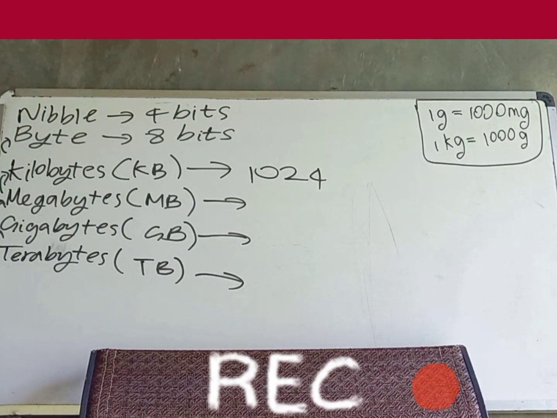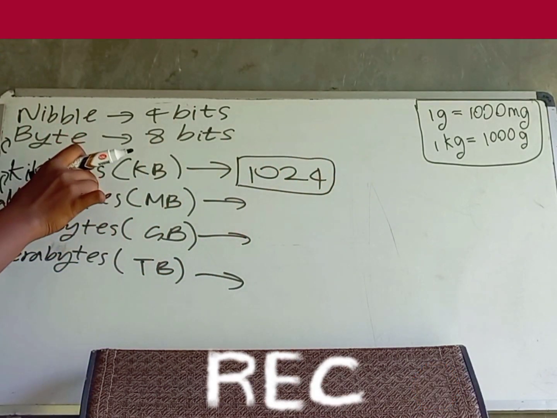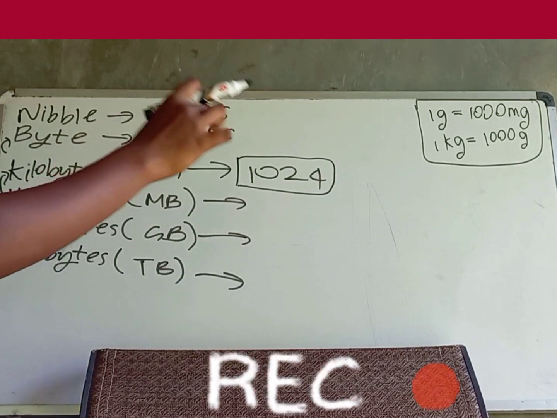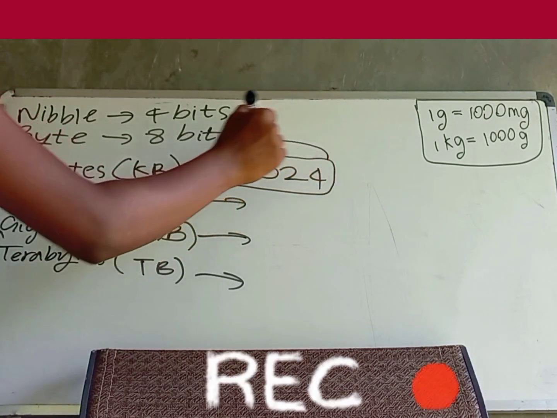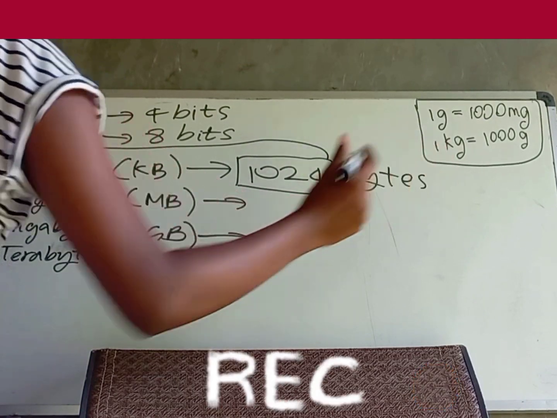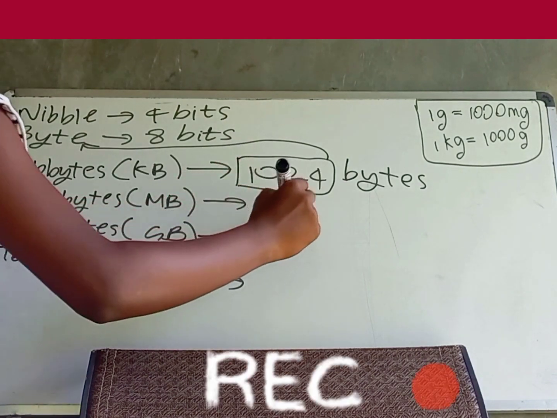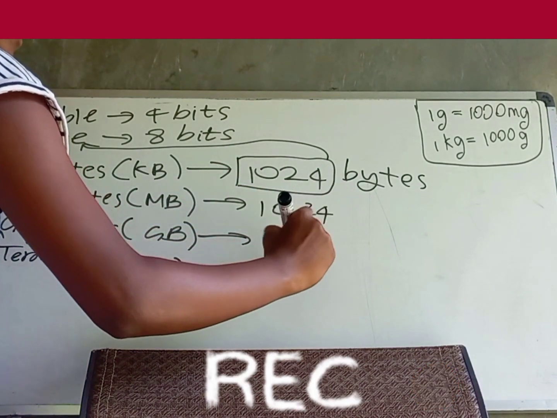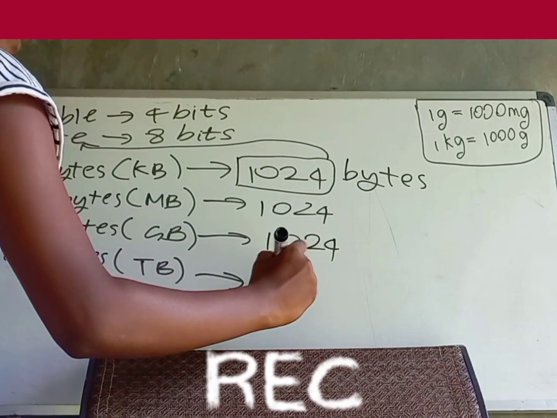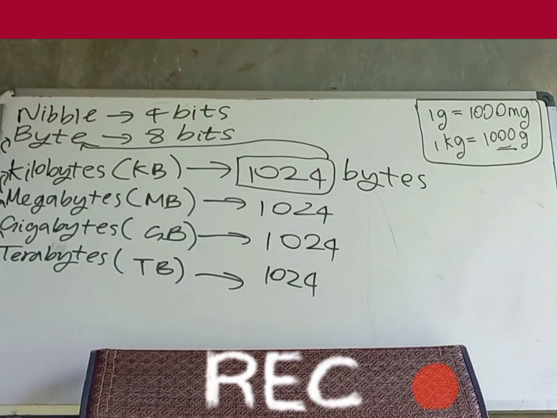But in ICT, we take 1024. So we can say a kilobyte is 1024 bytes. So like I told you, in ICT we use 1024 while we use 1000 in mathematics.